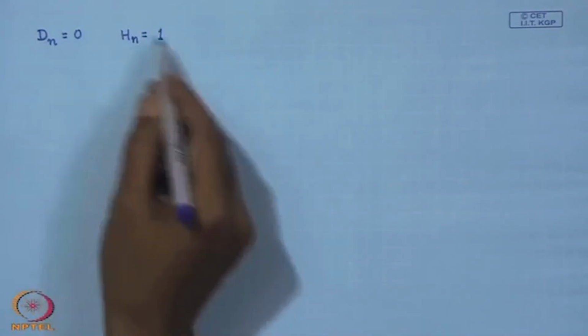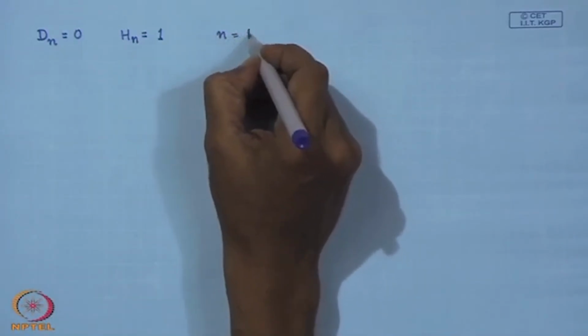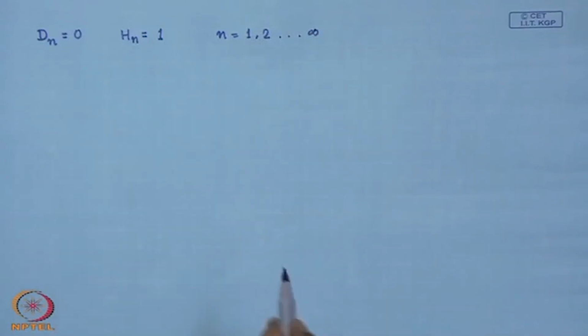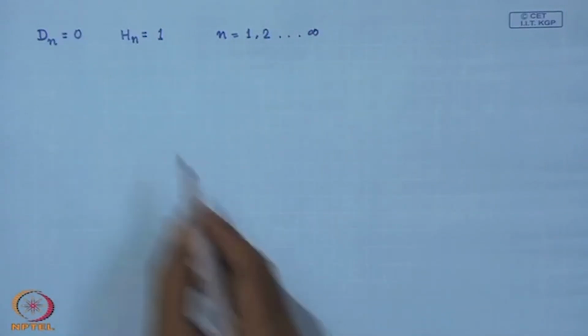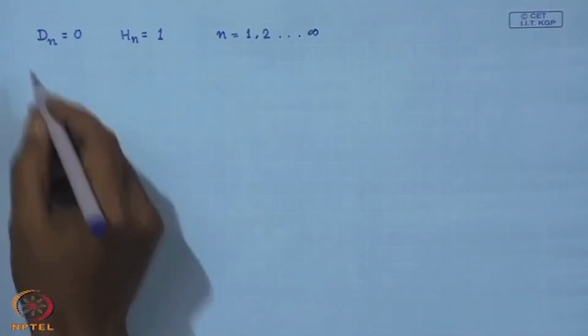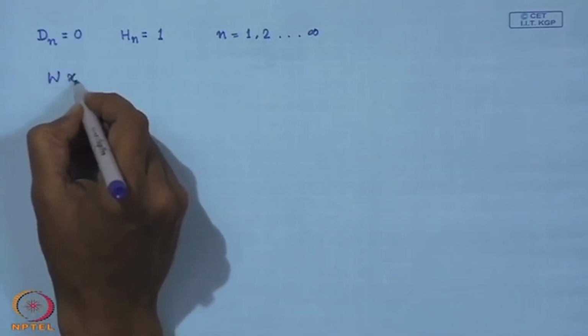So, anything proportional to this will be a solution, where again n goes from 1 to infinity. So, corresponding to each circular natural frequency, you have this vector which gives you the actual solution, which is obtained as follows.